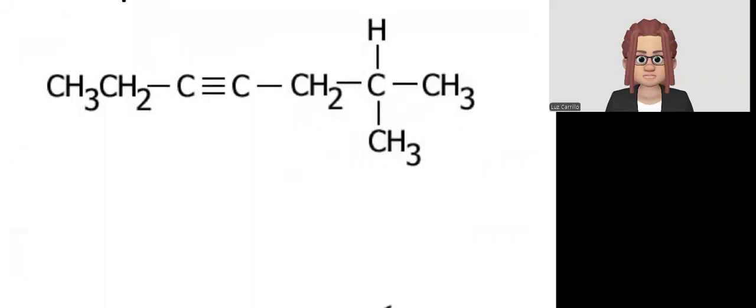In the first example, take a moment, find the longest continuous chain of carbon atoms that include the carbon-carbon triple bond.